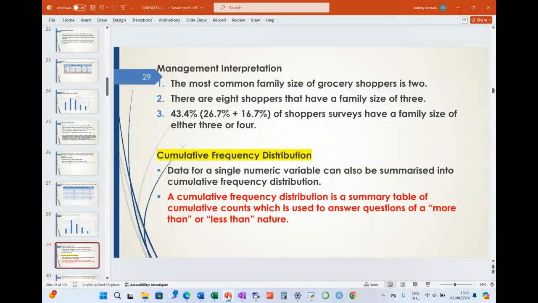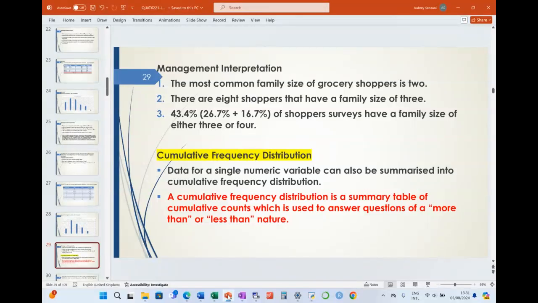You then have what we call a cumulative frequency distribution. A cumulative frequency distribution is a summary table of cumulative counts, which is used to answer questions of more than or less than.